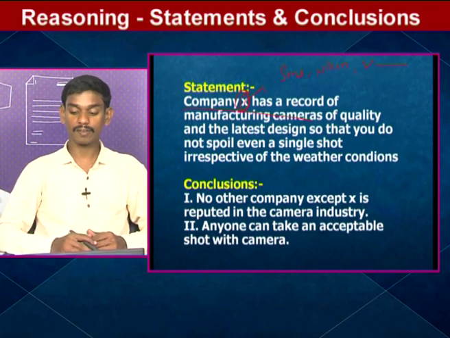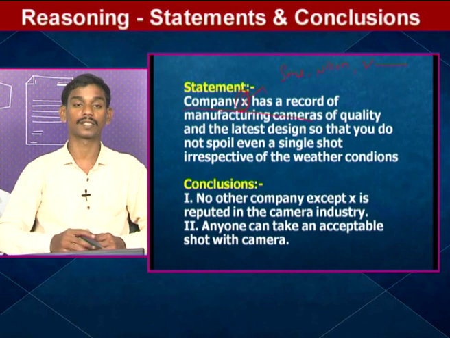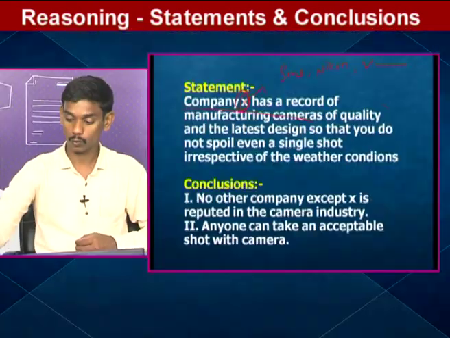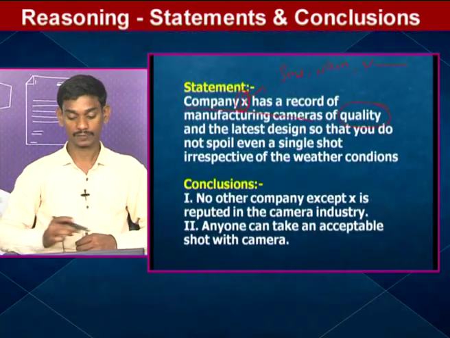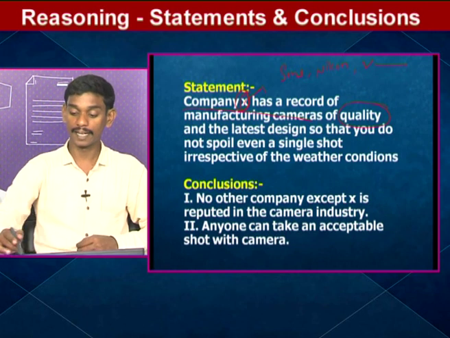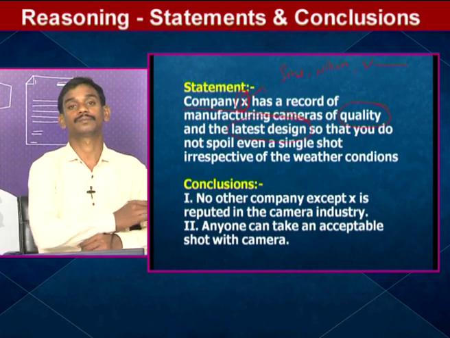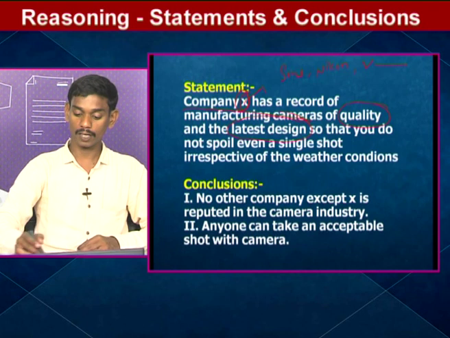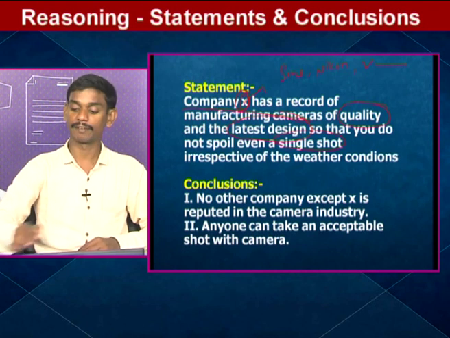Okay, here X has a record of manufacturing cameras of quality. So company X manufactures good quality cameras, quality of cameras mentioned here, and latest design cameras mentioned here. So do not spoil a single shot in any weather.